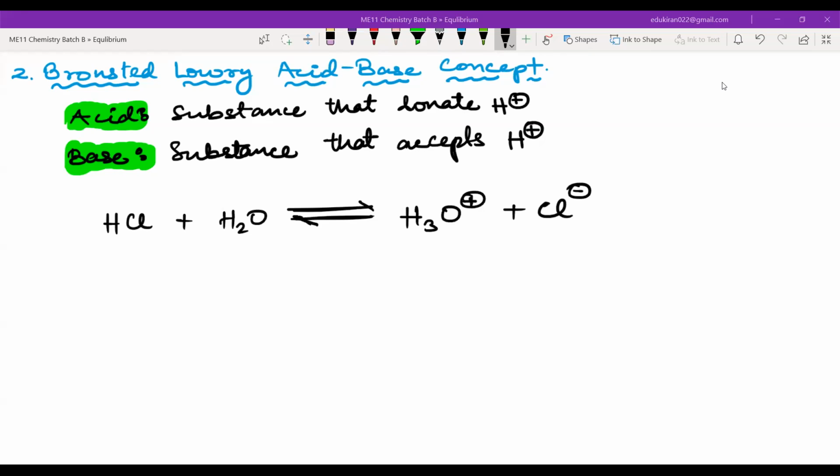Okay. So a substance that donates H plus and a substance that accepts H plus. You track what is donating H plus and what is accepting H plus. Now, if I talk about this substance, is it donating H plus or accepting H plus in the reaction? HCl has converted into Cl negative, right?